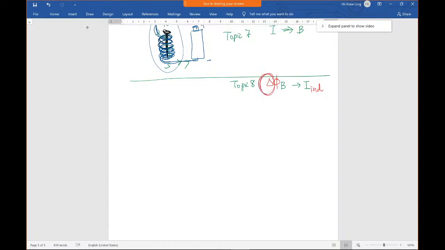Take note of the change in the magnetic flux. So for this one, the first part you have to know is what magnetic flux is, and second, you have to observe the change.